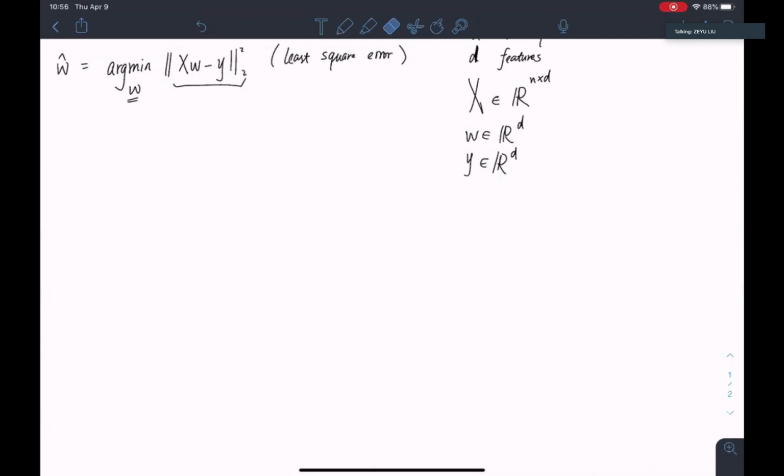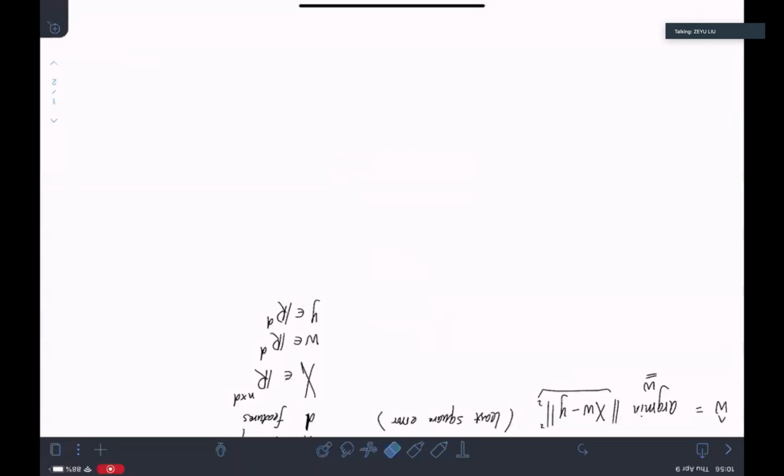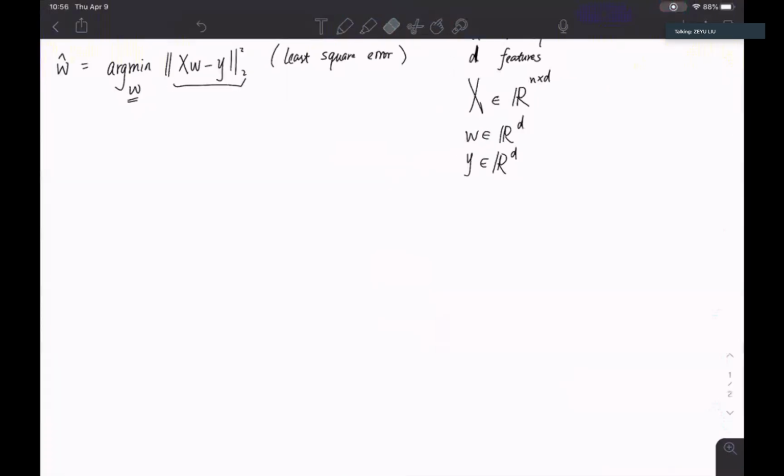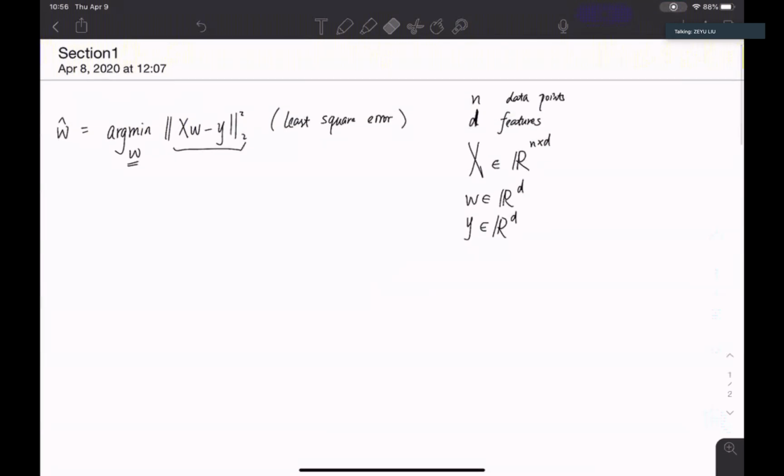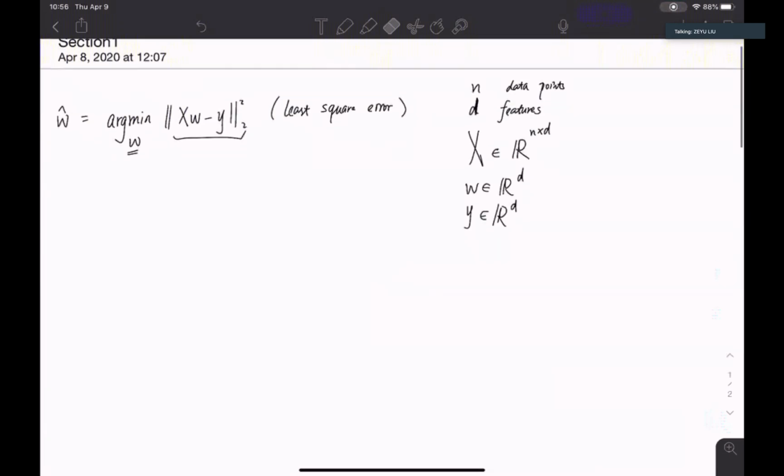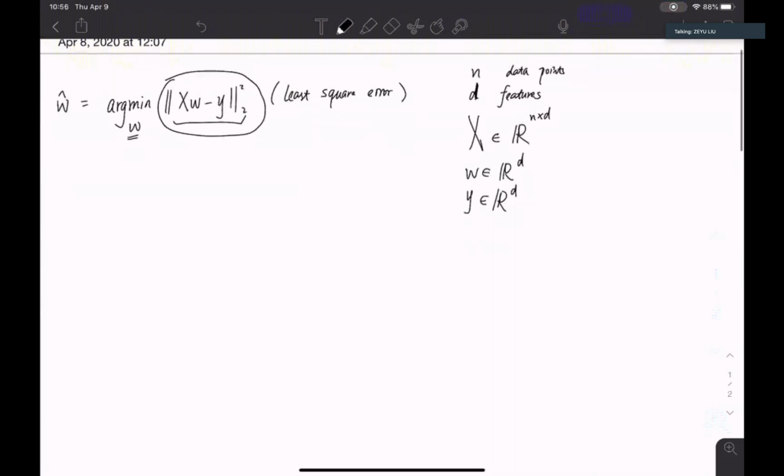Sorry, the case is not suitable for writing stuff. So using calculus, first we want to rewrite this because, well, this norm is complicated.